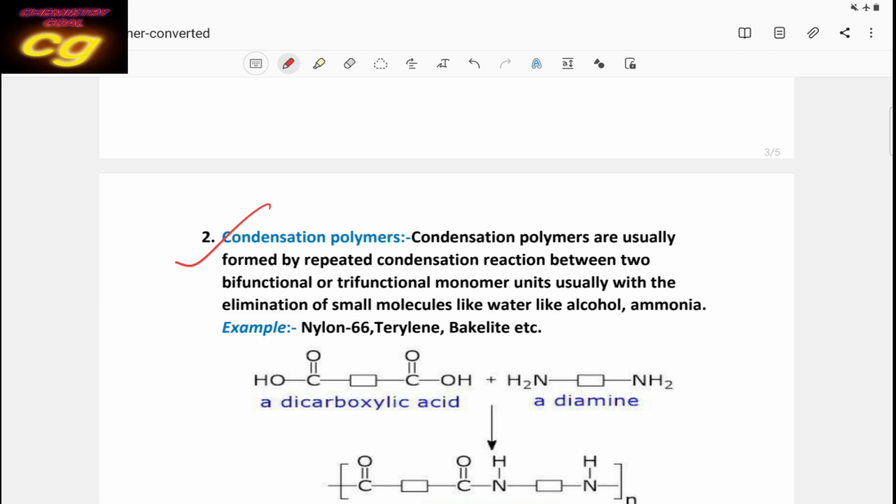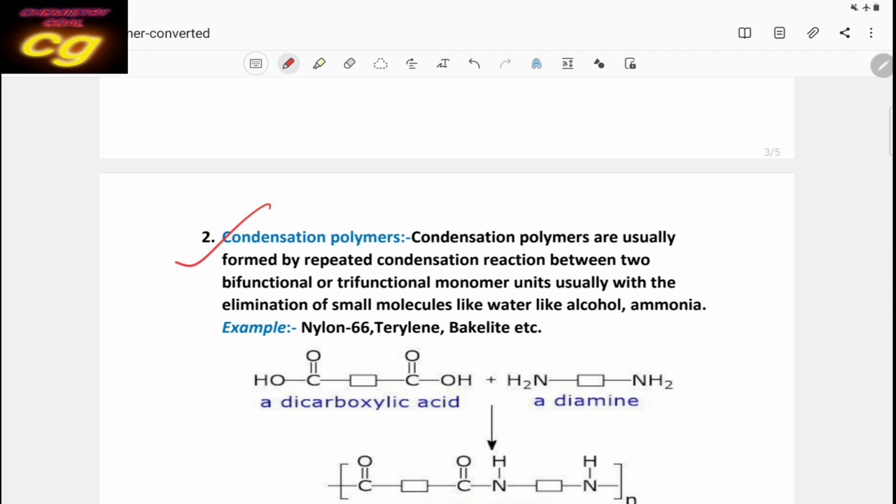Then when two or more monomers combine, they condense and produce a new type of functional group after combination, with the loss of a simple molecule like water, hydrochloric acid, ammonia, alcohol. Such a molecule is released during combination. But the condition is the monomer should have two or more functional groups.